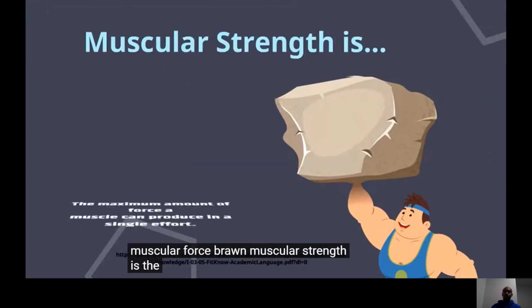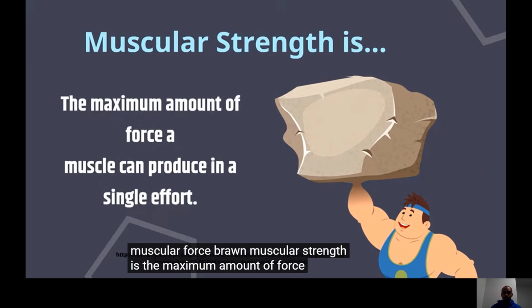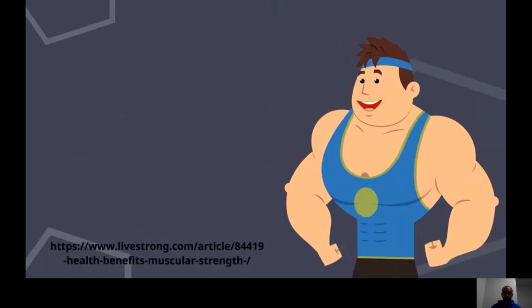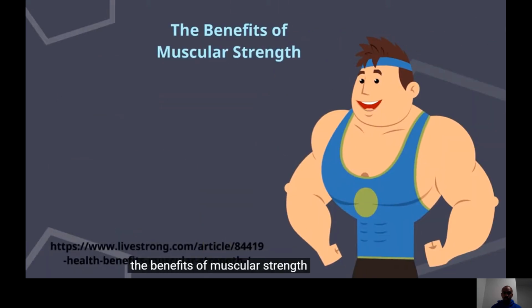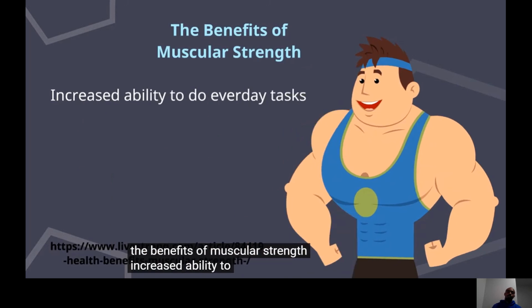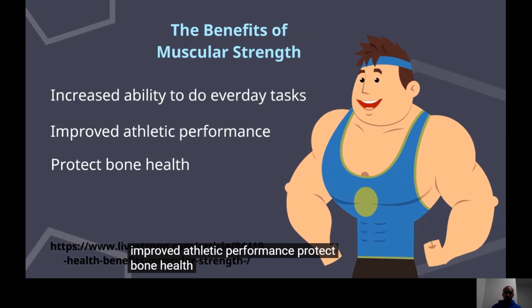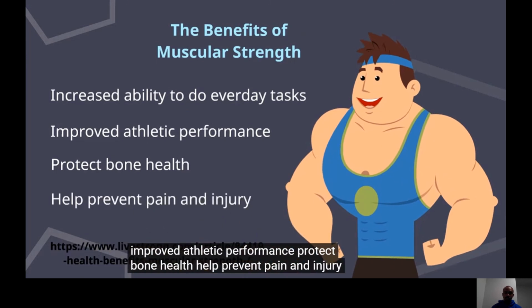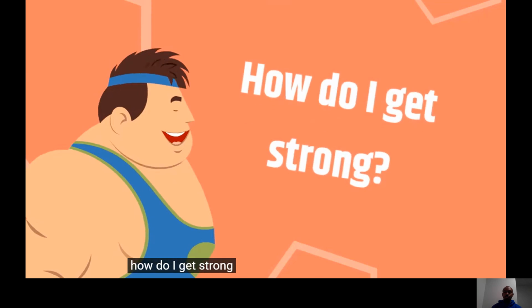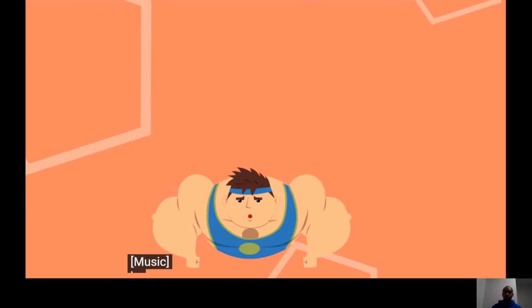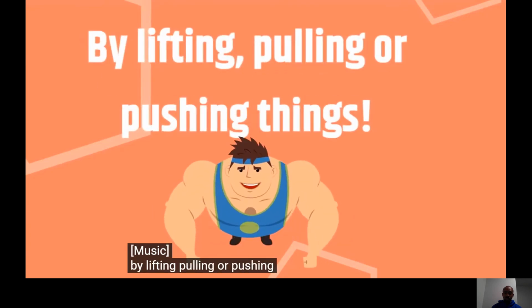Muscular strength is the maximum amount of force a muscle can produce in a single effort. The benefits of muscular strength: increased ability to do everyday tasks, improved athletic performance, protect bone health, help prevent pain and injury. How do I get strong? By lifting, pulling, or pushing things.